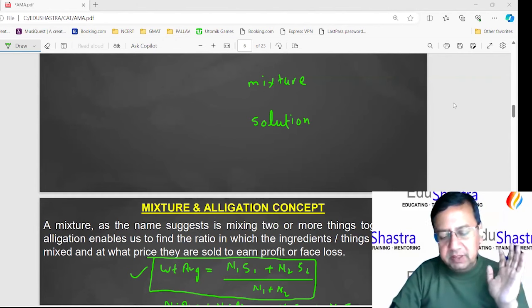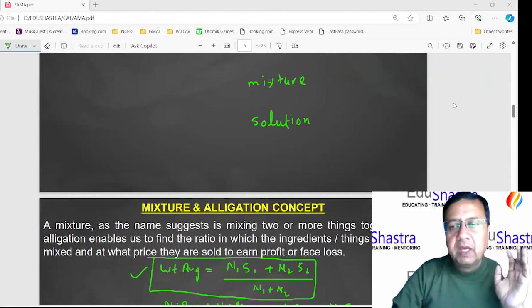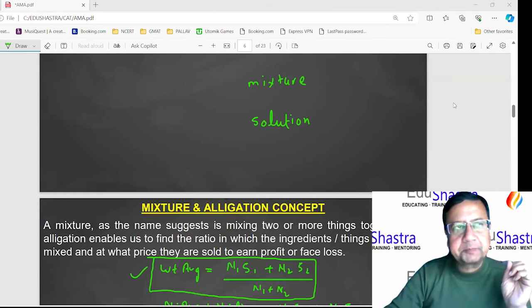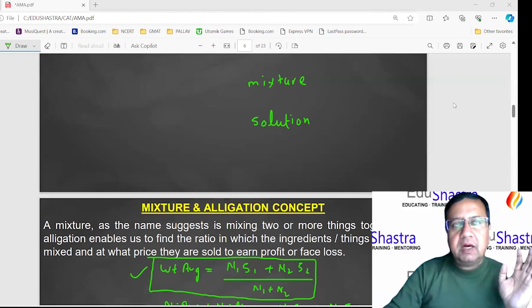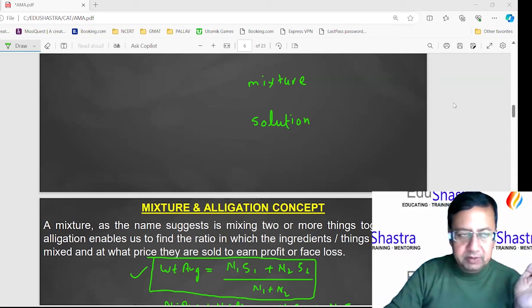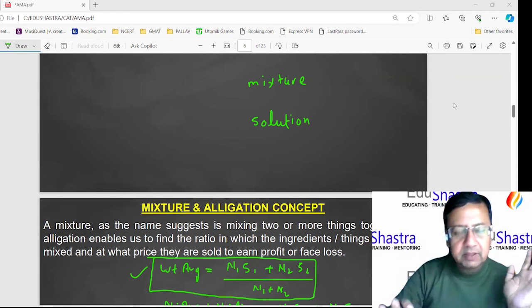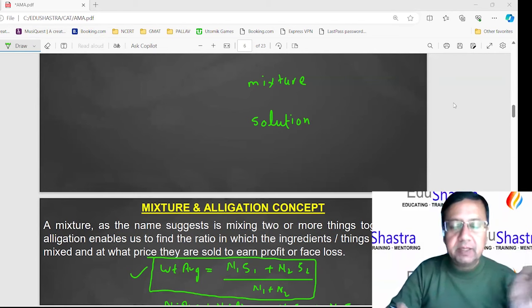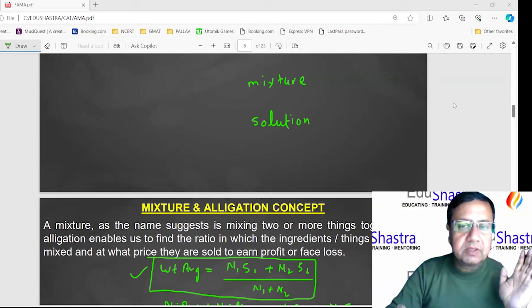We are just taking them in simple language. So first we understand the English meaning of these two words. Mixture: when you are mixing two or more components, anything, and then after the mixing, if you are able to separate them, then this is called a mixture.